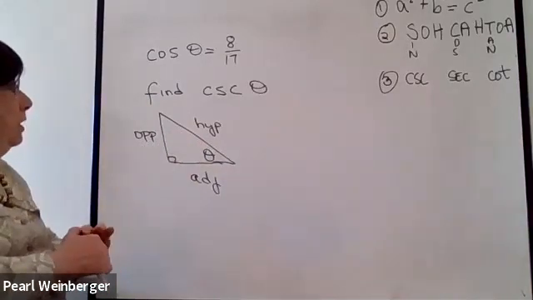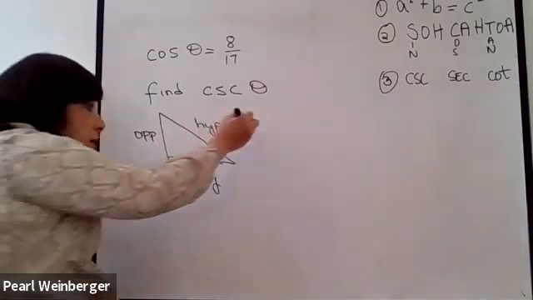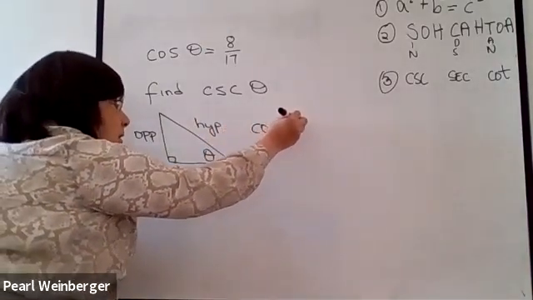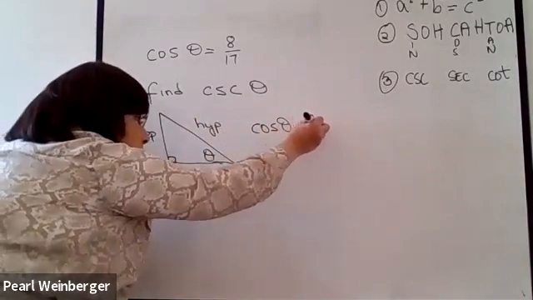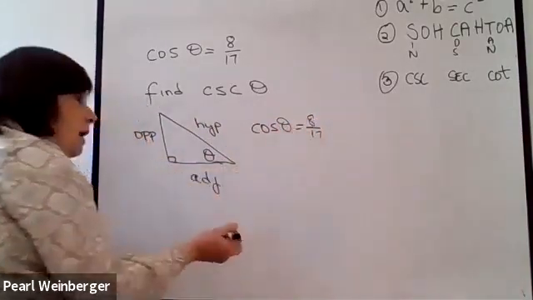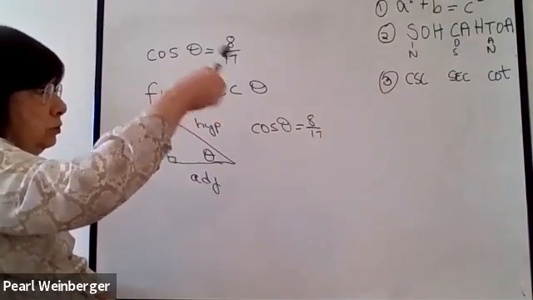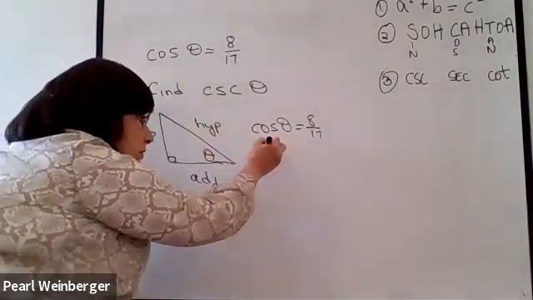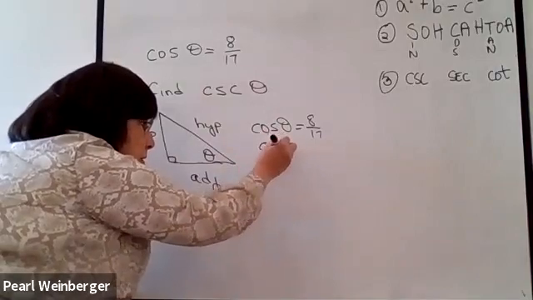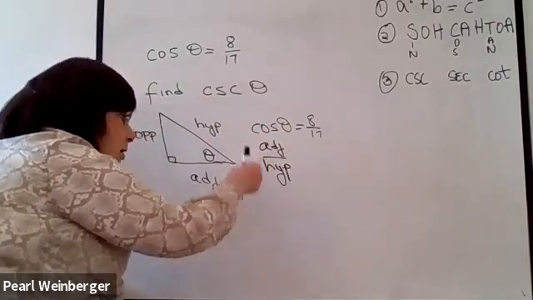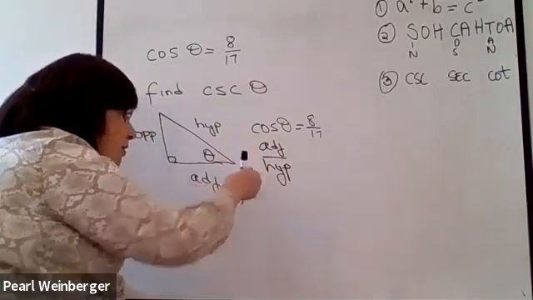Okay, they told me that the cosine of theta is 8/17. And we know that cosine means it's adjacent over hypotenuse. There's my CAH, SOH CAH TOA.